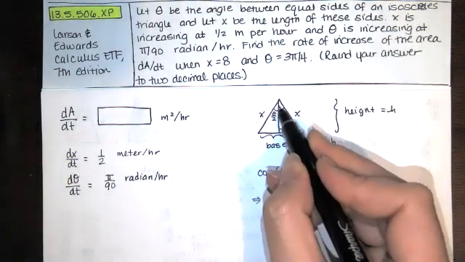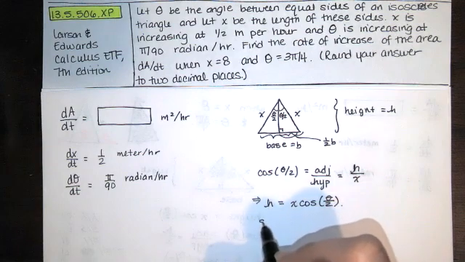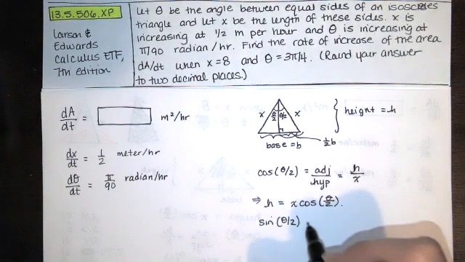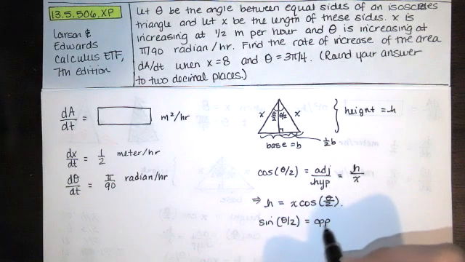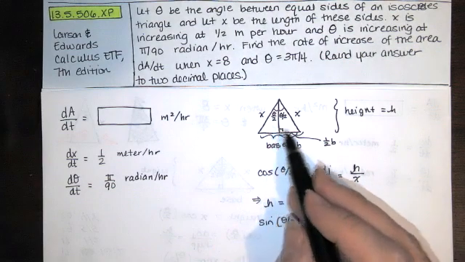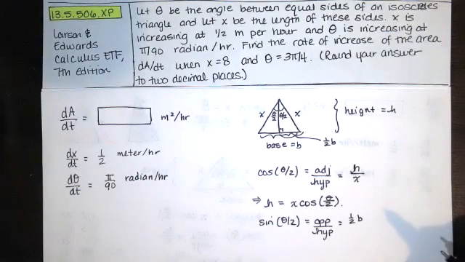Well, half of the base is opposite that theta over 2 in our triangle. So I would use the sine function there. The sine of theta over 2 is opposite over hypotenuse. In this case, the opposite side has length 1/2 of b, where b is the length of the base. The hypotenuse is x.